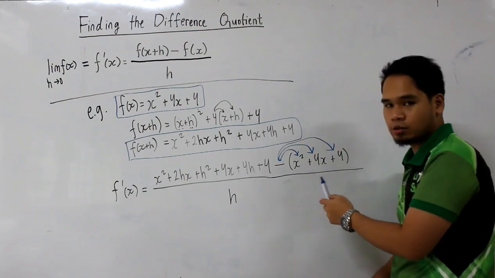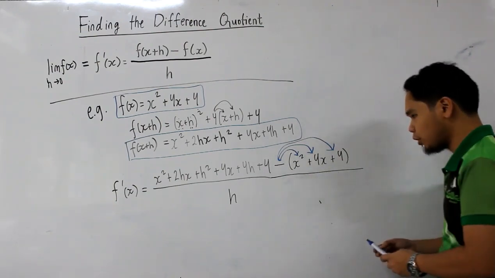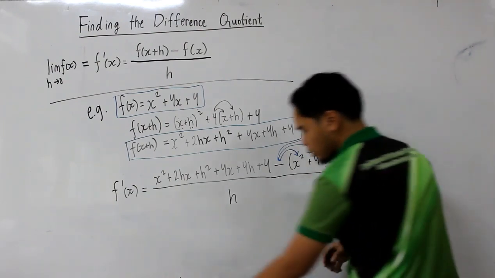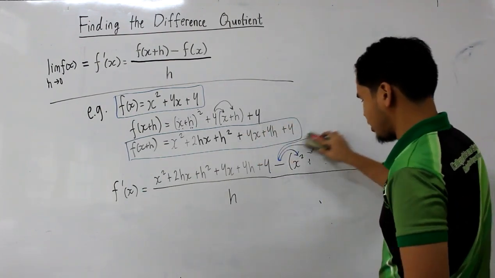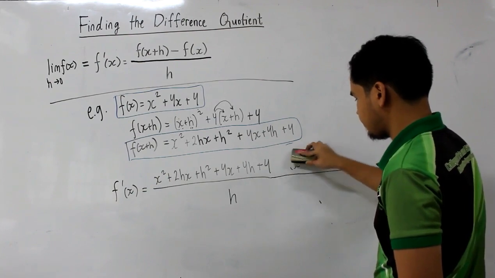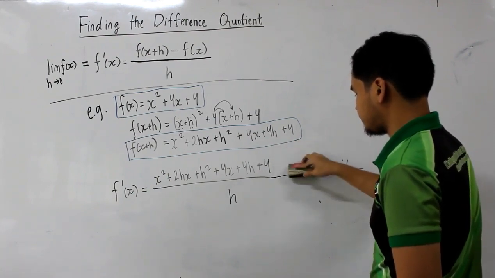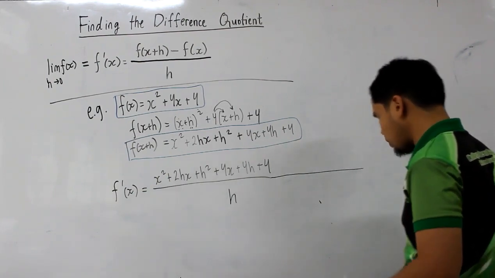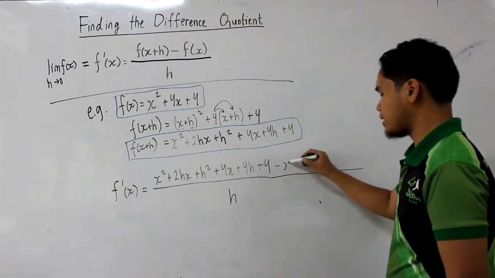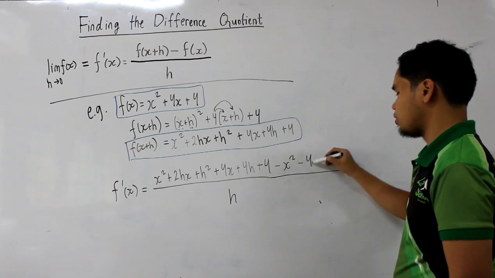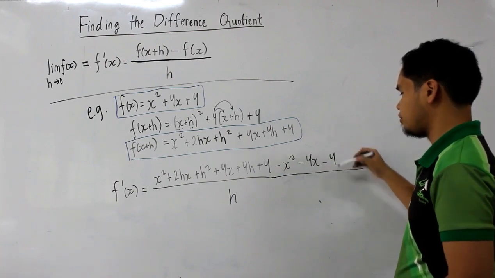This positive 4x will become negative 4x, and this 4 will become negative 4. So by deleting this and changing it to the correct form, what we will have now is minus x squared minus 4x minus 4.